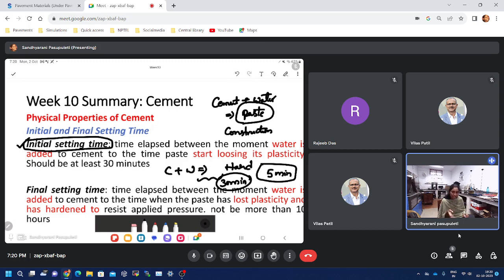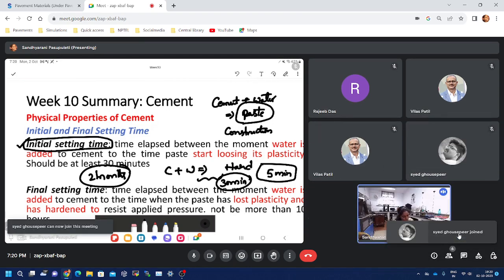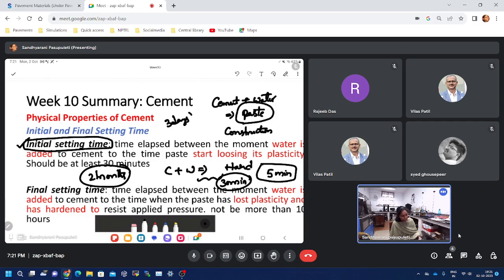Whenever it is very hard like a stone, then we can start allowing vehicles onto that road. It should not be that it takes 2 months to become very hard, because 2 months is not allowable for the traffic. That is not recommended. So if I have laid the concrete pavement and it has gained higher strength, then we can allow the traffic.